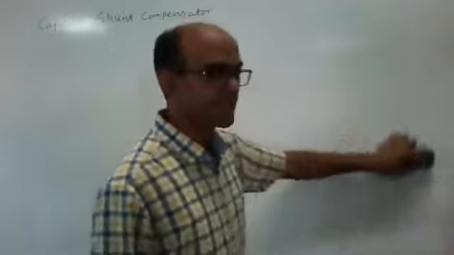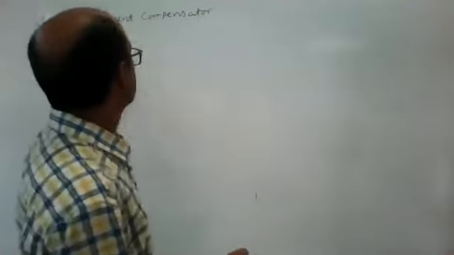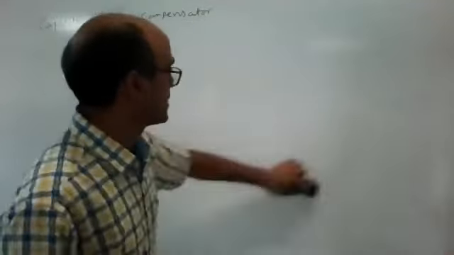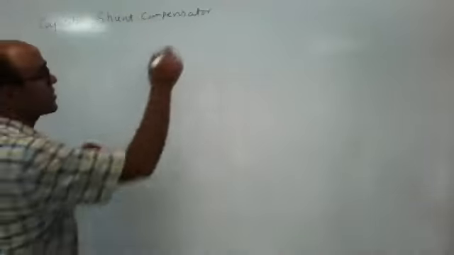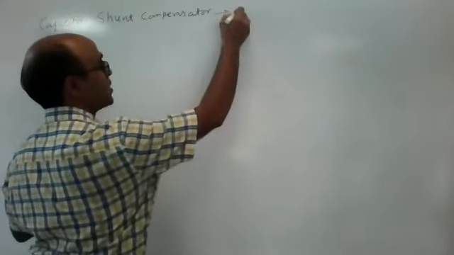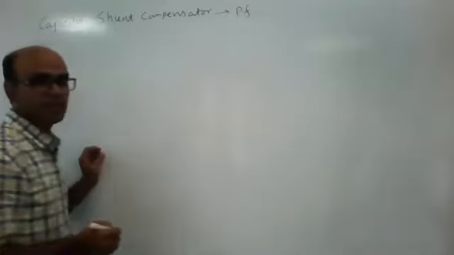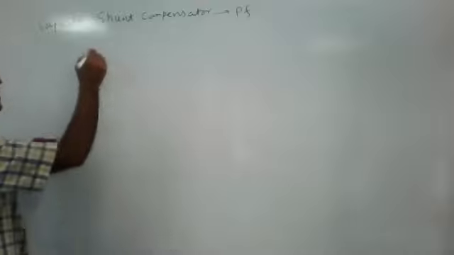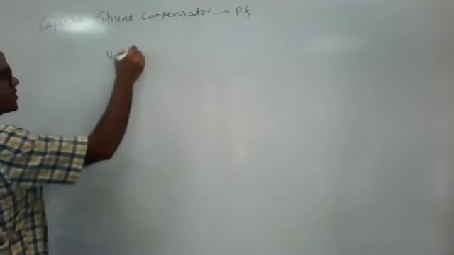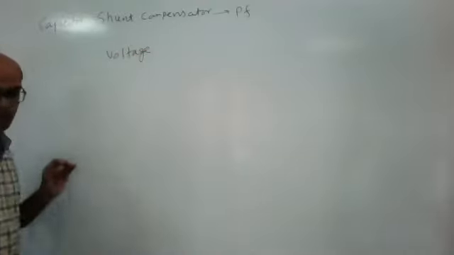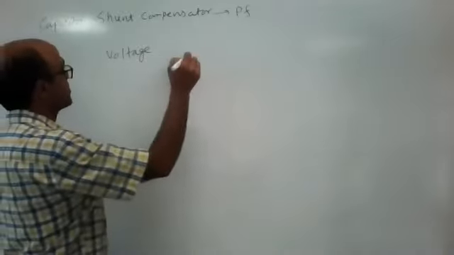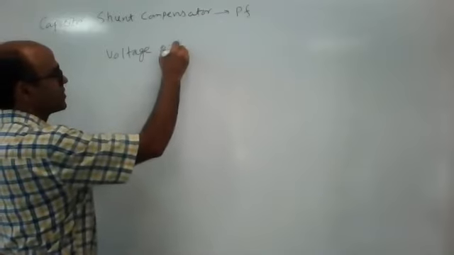If we connect a shunt capacitor, it will automatically improve things. The first effect is that it will improve the power factor by increasing voltage. Second is voltage regulation. You know the voltage regulation formula of a transmission line.